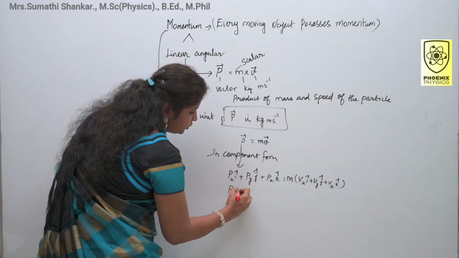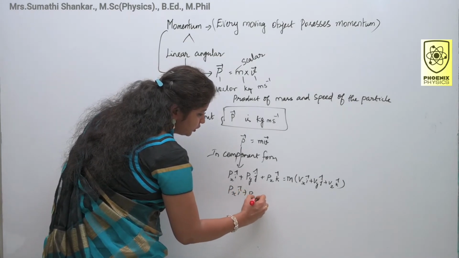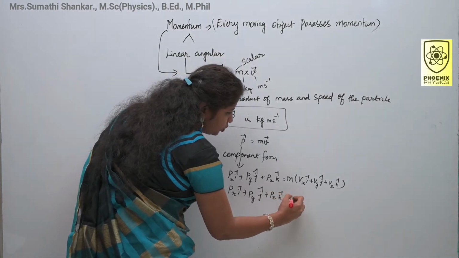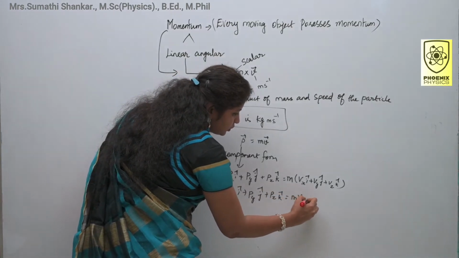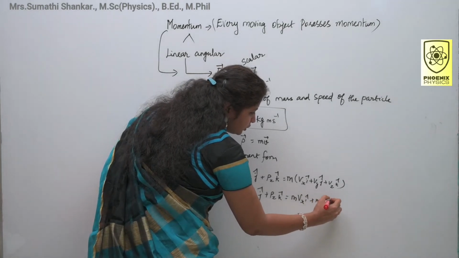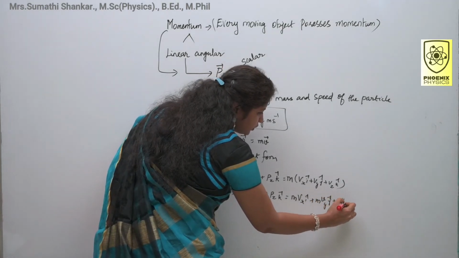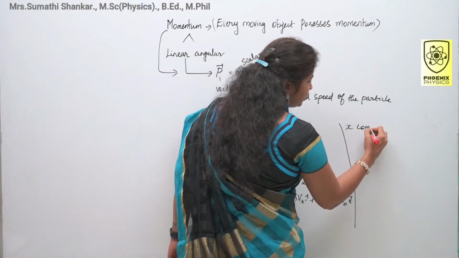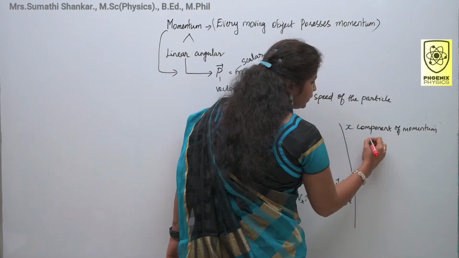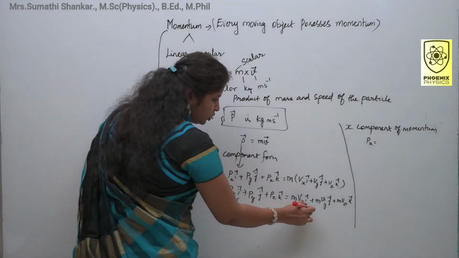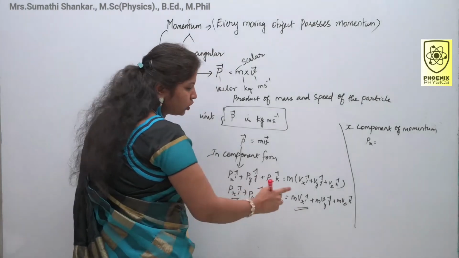You can write like this: Px i vector plus Py j vector plus Pz k vector is equal to m Vx i vector plus m Vy j vector plus m Vz k vector. So x component of momentum Px is equal to, because this is our x component, just equate the x component.